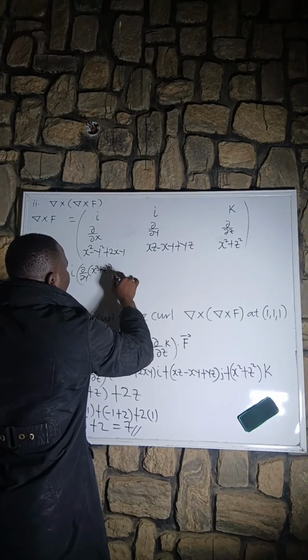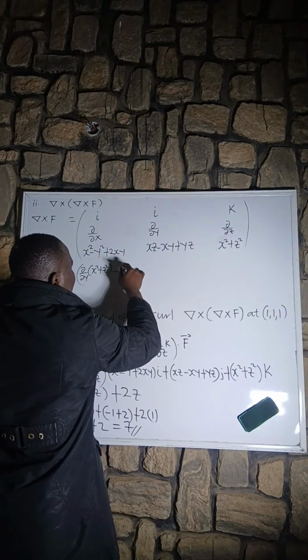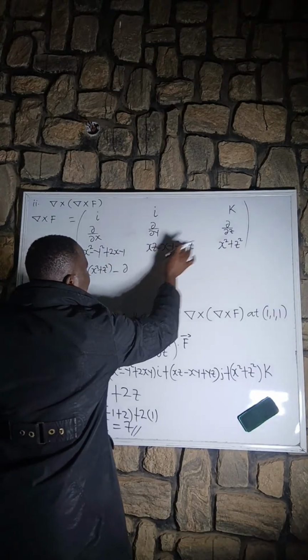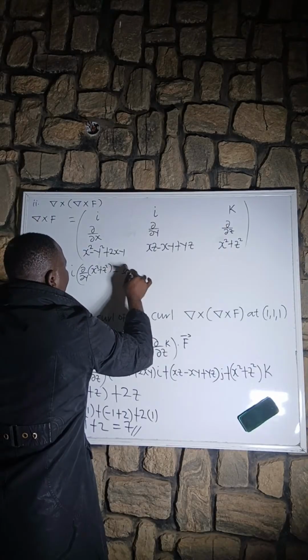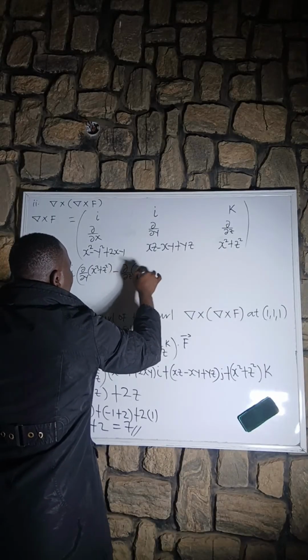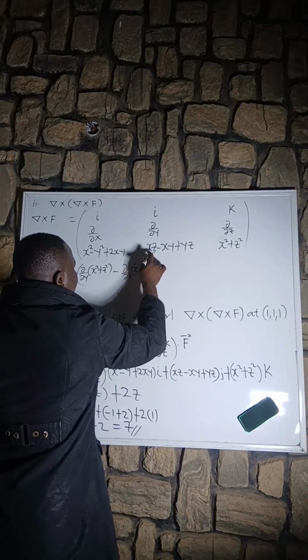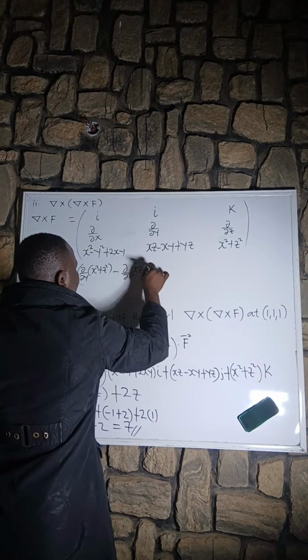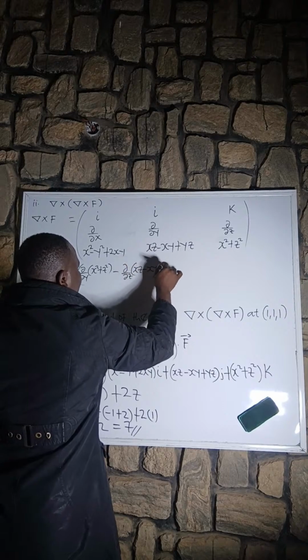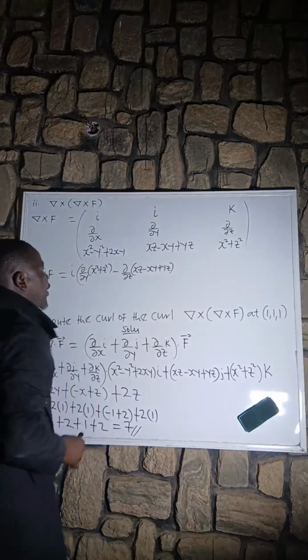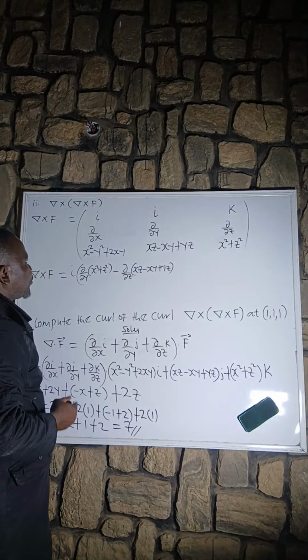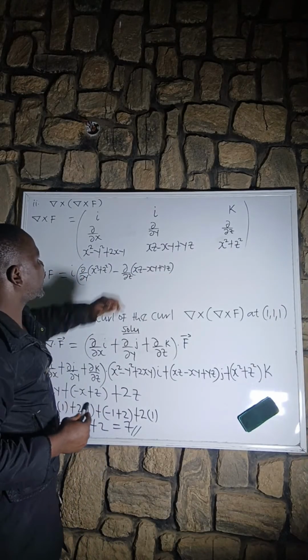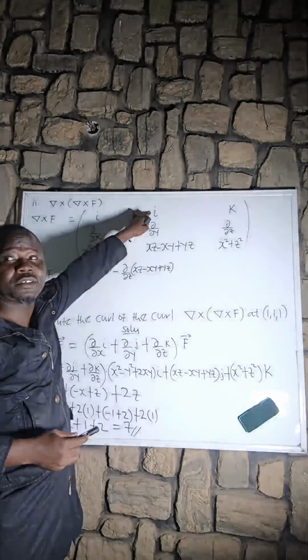Then minus partial, this one multiply this, partial over partial z, open bracket, xz minus xy plus yz. Okay. So let us find the determinant.